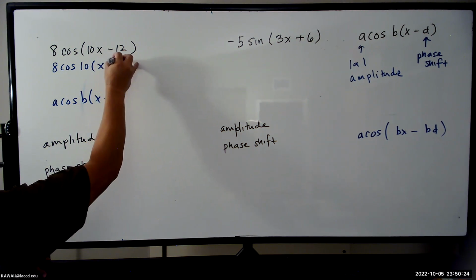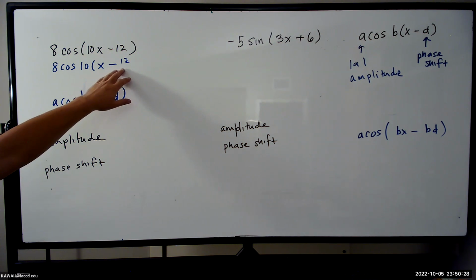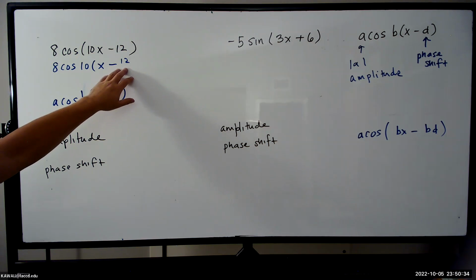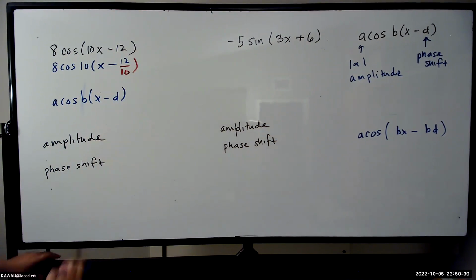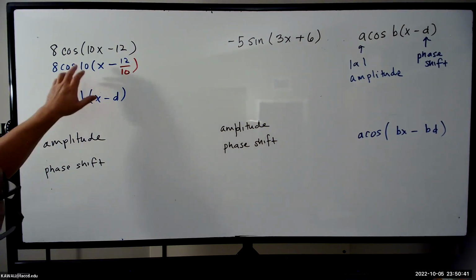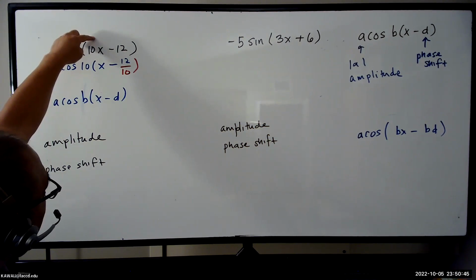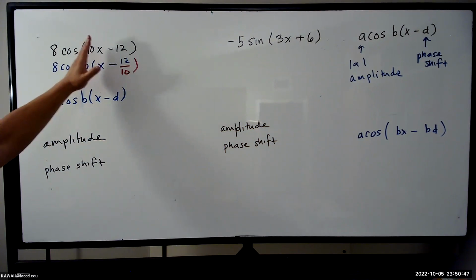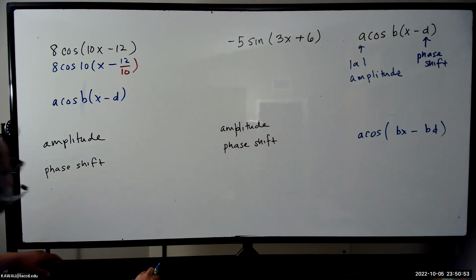But over here, in order to pull out 10, I need to divide this by 10. See, I need it to be where when I distribute this times this and this times this, that I get my original equation. So when you pull out this 10, you need to divide this by that 10.